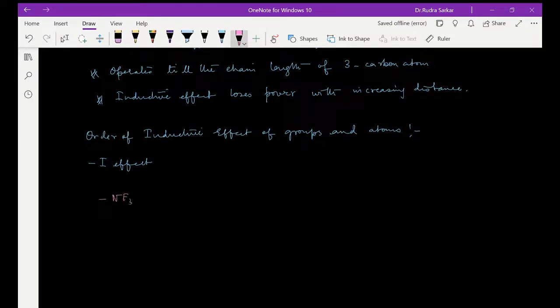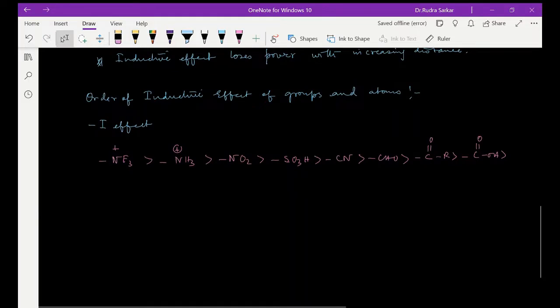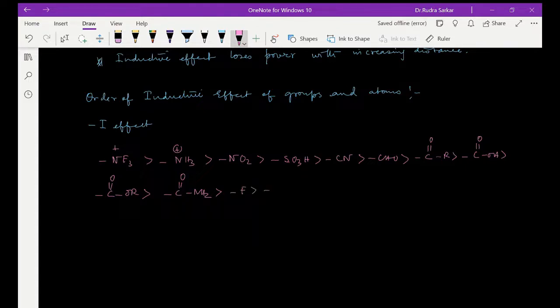We have NF3 plus greater than NH3 plus greater than NO2, which is greater than SO3H, greater than CN, followed by CHO, then we have the carboxylic acid group, followed by the ester, NH2, the amide, then we have the fluoride, chloride, and we can see the inductive effect is decreasing as the electronegativity decreases.